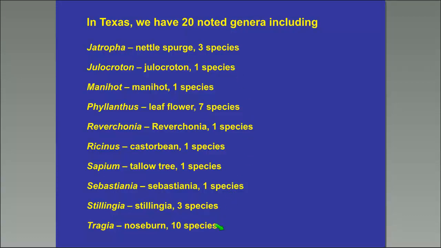When I go down to the bottom and I see the genus Tragia, 10 species, all of those are referred to in our common names as nose burns of one kind or another. So when you think about the names of these groups or the names of the individual species, they often reflect what the person who first named them saw.